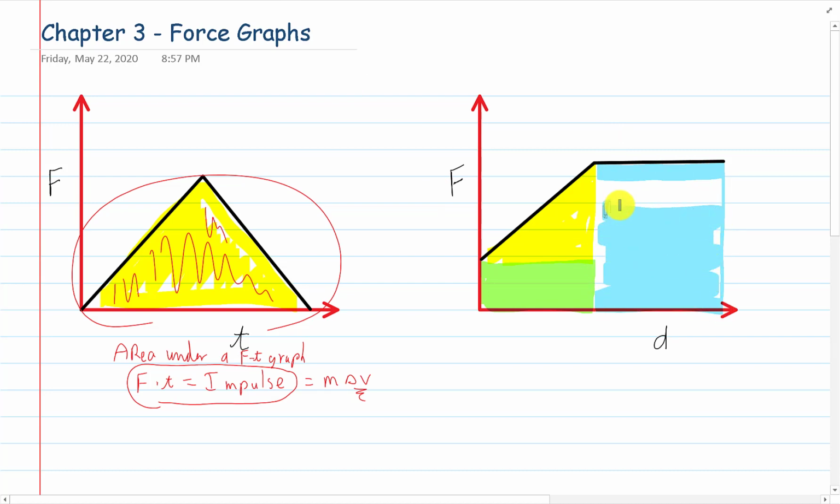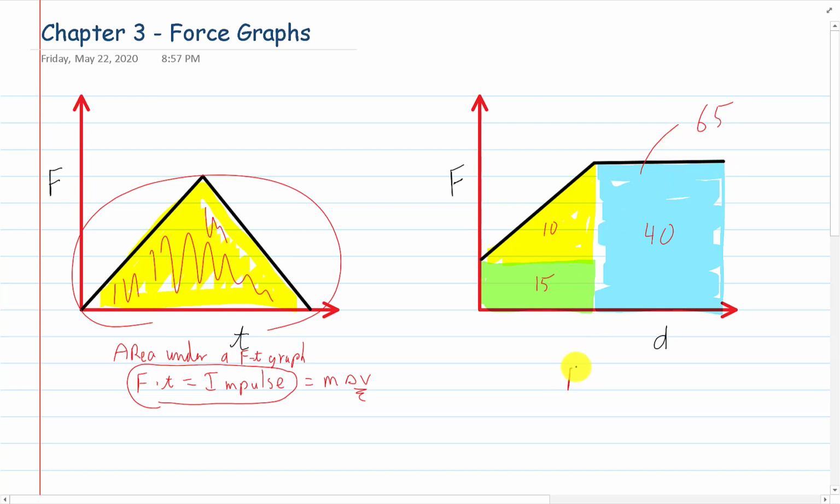Think about it, folks. If I took this area and say this was 10 and this was 15 and this was 40, that would be a total area of 65. But what would that represent? 65 what?